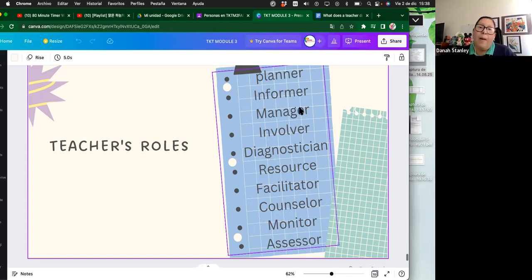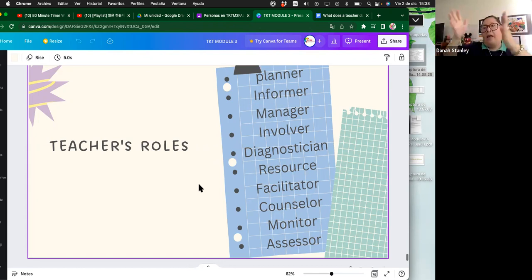I need to be a manager. The manager is the one that organizes, that says who is going to do this and who is going to do that, probably to make a calendar, program activities. If we need to hand in a final project at the end of the term, pues organize the teams, supervise that they are doing it correctly.